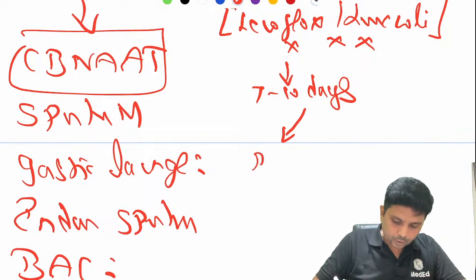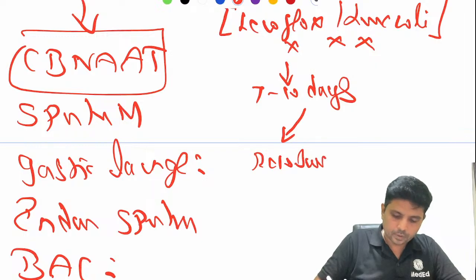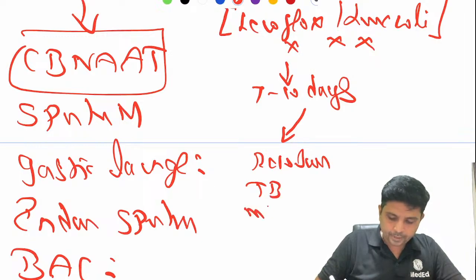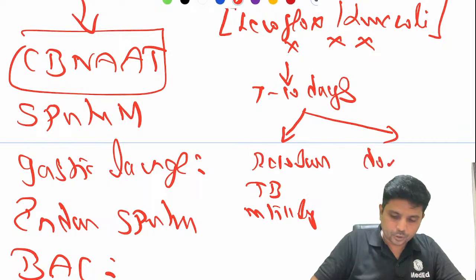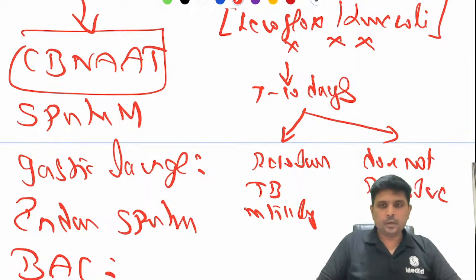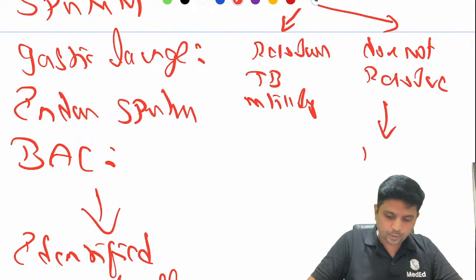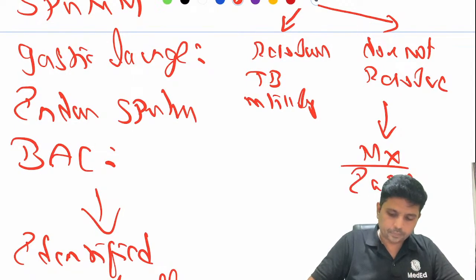Okay, if it resolves, TB unlikely. If it doesn't resolve, you need to go for Mantoux or IGRA.